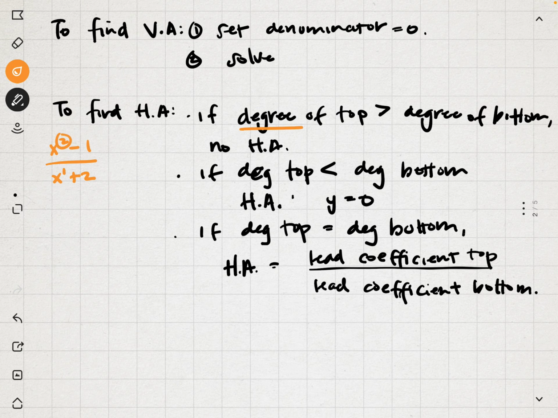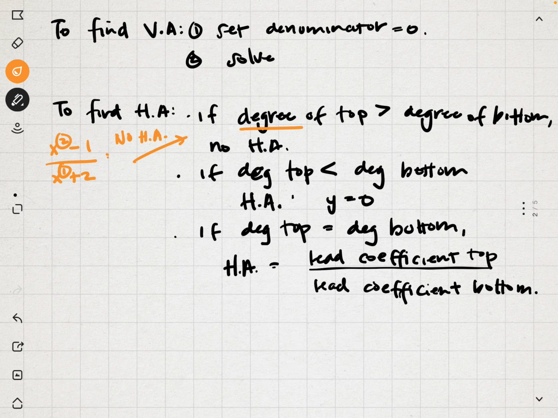The exponent on any x without an exponent, we would assume to be 1. So notice for this one, the top degree is larger than the bottom. So this example would have no horizontal asymptote. There will be an oblique asymptote for this one, but we're not too concerned with oblique asymptotes.